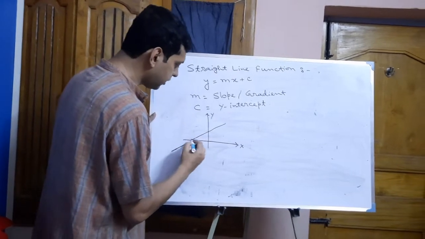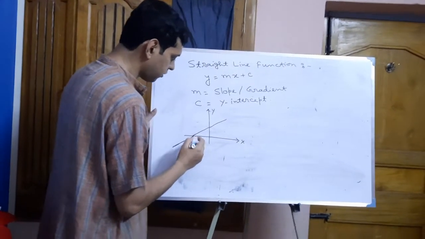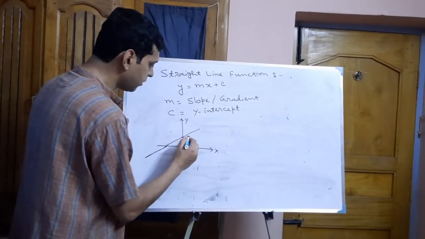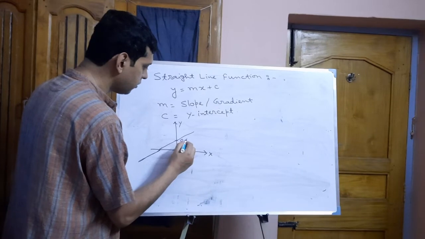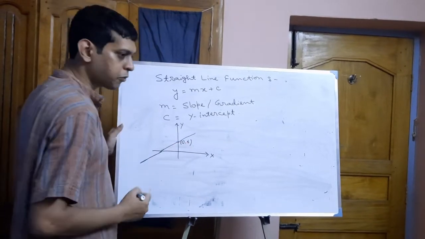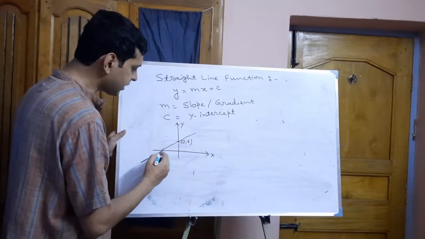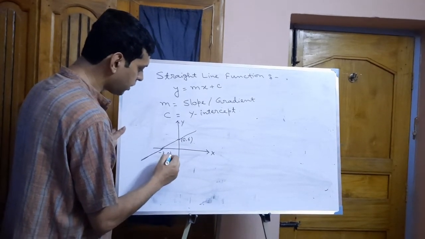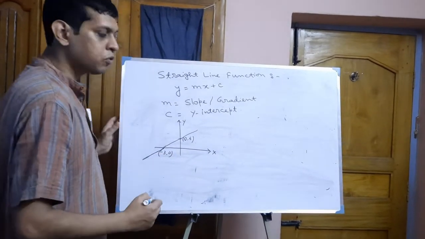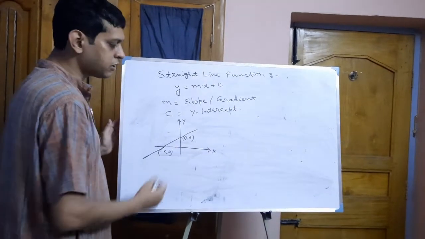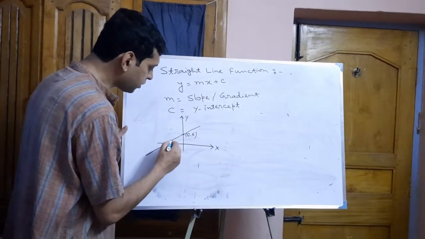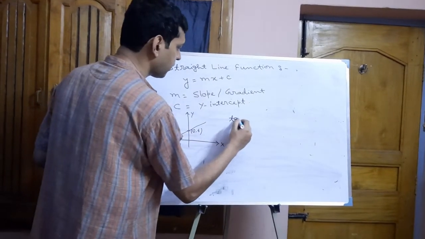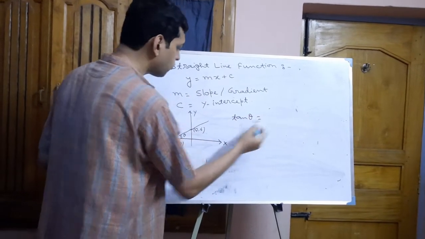Now this straight line cuts the y-axis at the (0, 6) point and cuts the x-axis at the (-3, 0) point. So what is the slope of this straight line? The slope of this straight line equal to tan theta. Now tan theta equal to what?